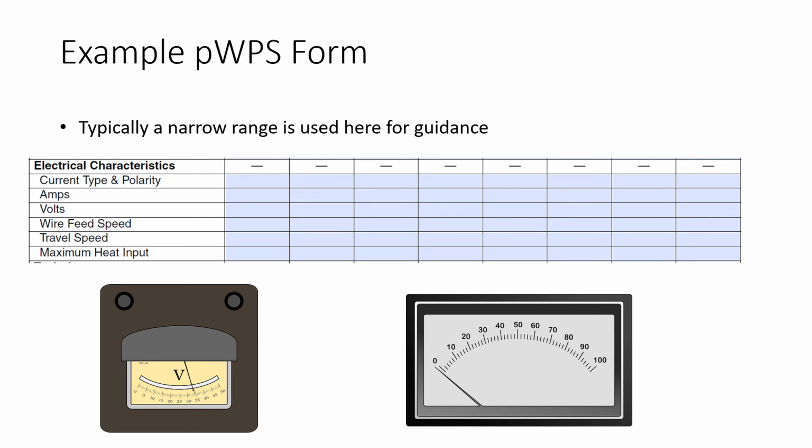Most material manufacturers, the Lincoln Electrics, the ESABs, and other filler material manufacturers will give you a general idea and a range of volts and amps that you need to utilize to properly deposit their filler metal into a weld joint. So, you're going to provide this information to the welder and then let them fine tune it. Get what it exactly needs to be.